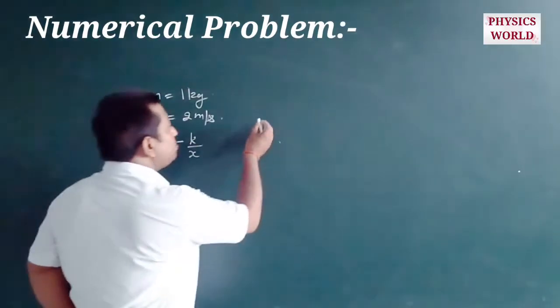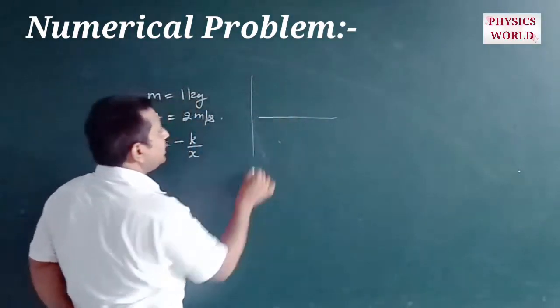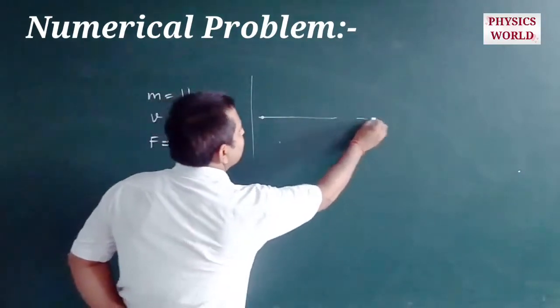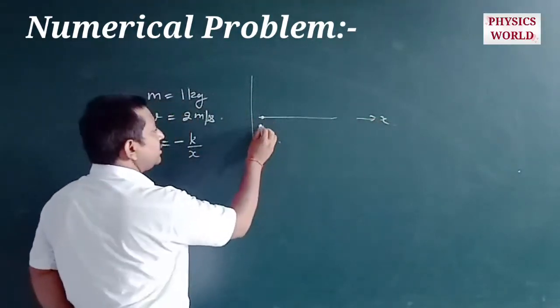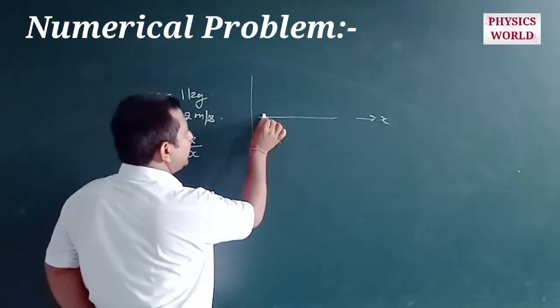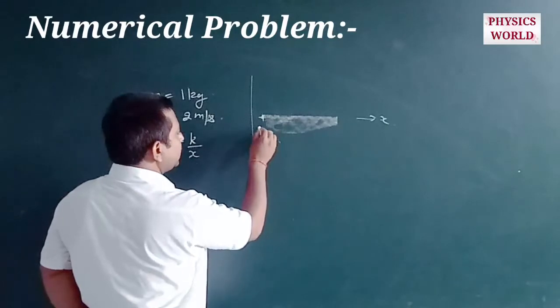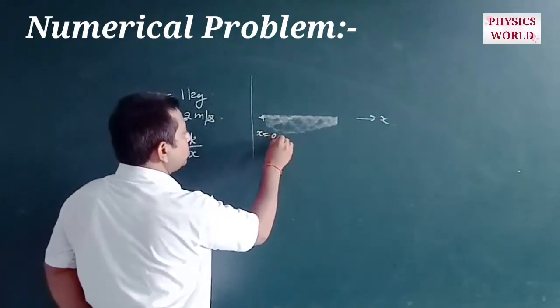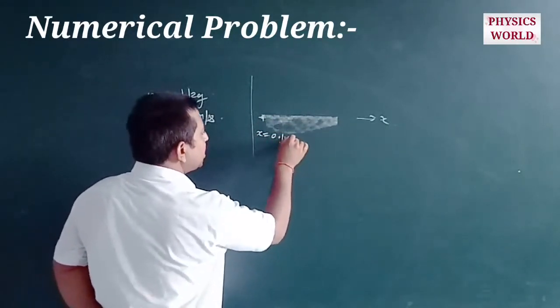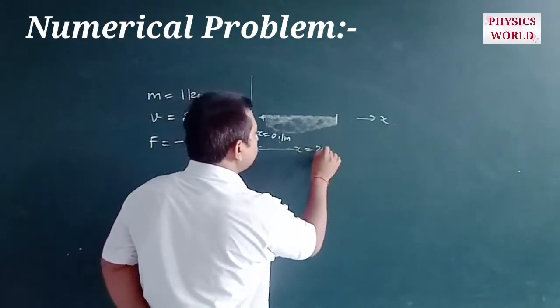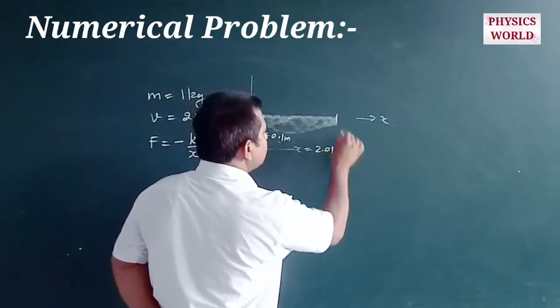Suppose the object enters a region whose coordinate is along the x-axis, and from here to here this is the patch region. This has a starting point x equal to 0.1 meter and an end point x equal to 2.01 meter.